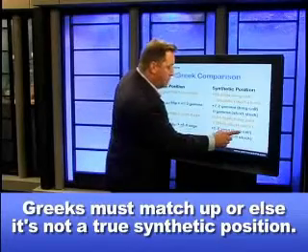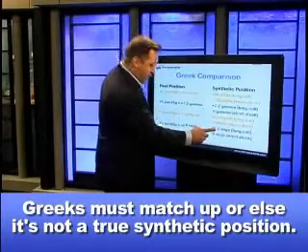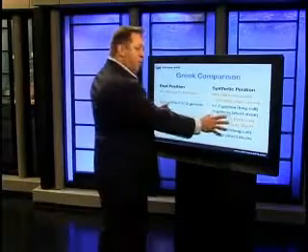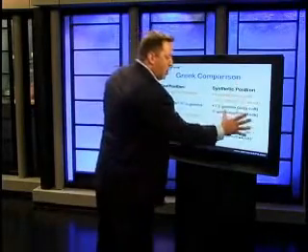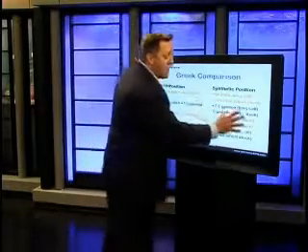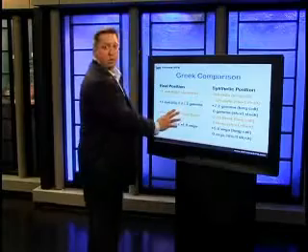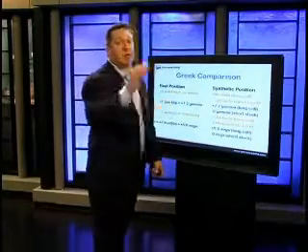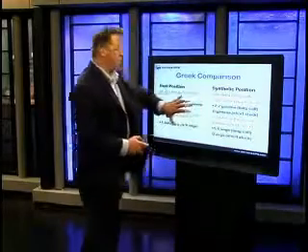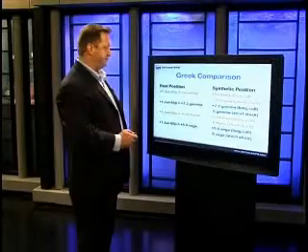The short call would give us a negative vega instead of the positive. This is why I said earlier that you can turn a long call into a long put, but you can't turn a short call into a long put. You can't turn a short put into a long call. Long options turn into long options.